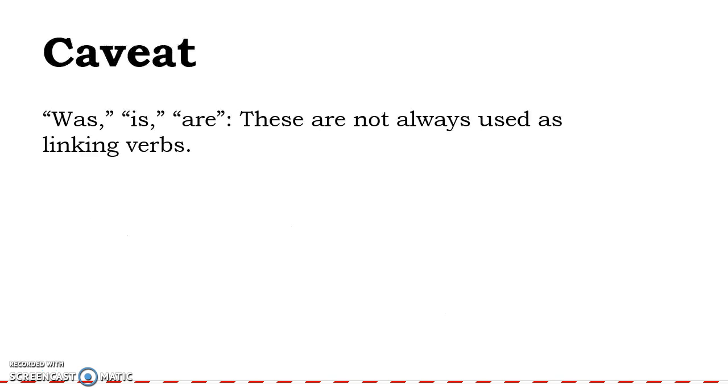Here's a caveat. Was, is, are. You'll see these words in some cases in which they're not being used as linking verbs. For example, I was on the clock. Here, was isn't linking I to clock or anything like that.